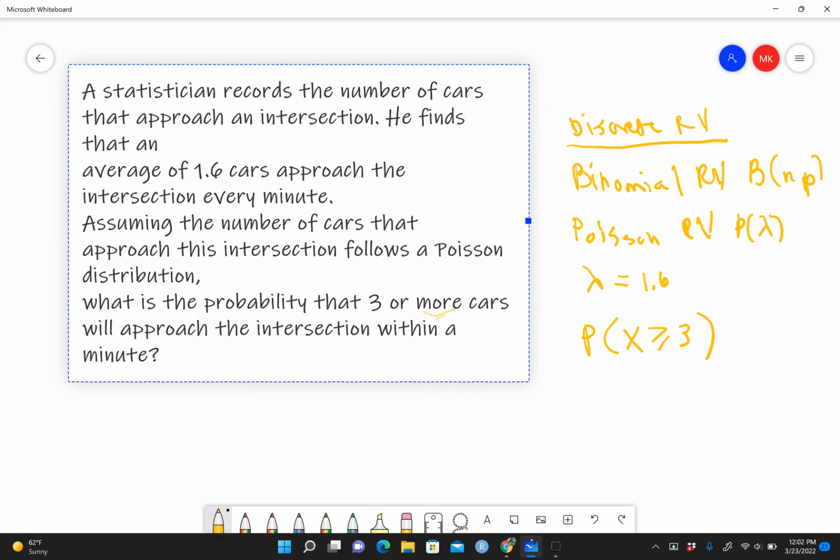Now, note that if you have a discrete random variable, then the equality sign is actually very important, because you can find the probability that x equals 0, the probability that x equals 1, the probability that x equals 2, the probability that x equals 3, the probability that x equals 4. So you can find all those specific values, and they will add up.